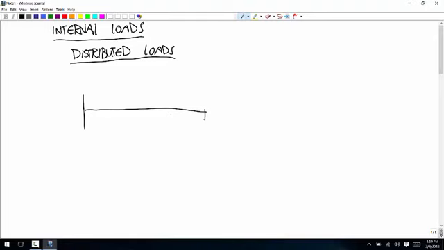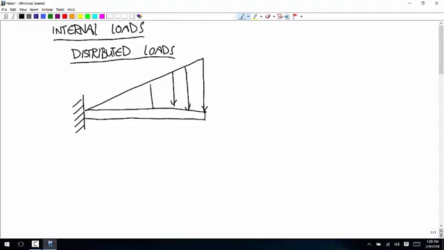So if you have a cantilever beam, instead of the loads being applied just at a single point, you could have something like this, where the load is spread out and distributed in some prescribed way.